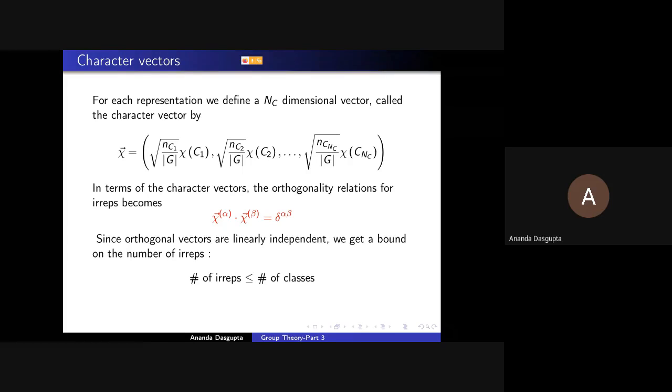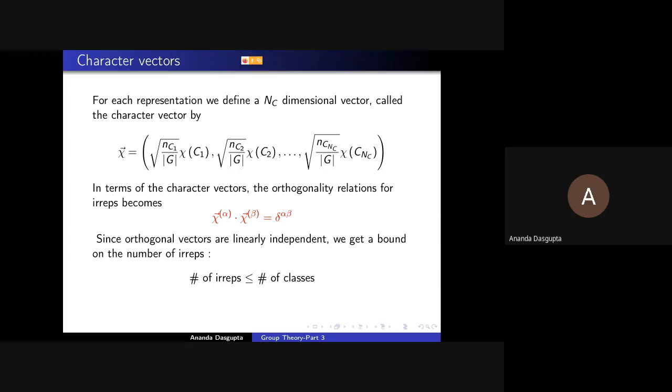So right now we have a bound, and although I do have the proof in the slide, the number of irreps is exactly equal to the number of classes. What that means is, if you have any class valued vector, that is a function which takes one value for every class, then any such function can always be represented as a linear combination of these irreps.